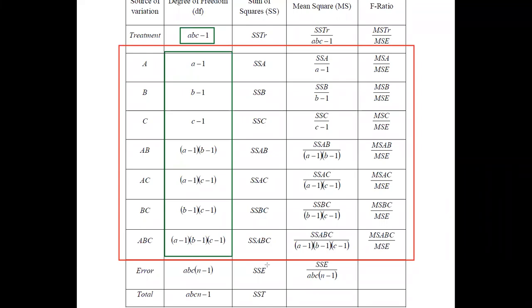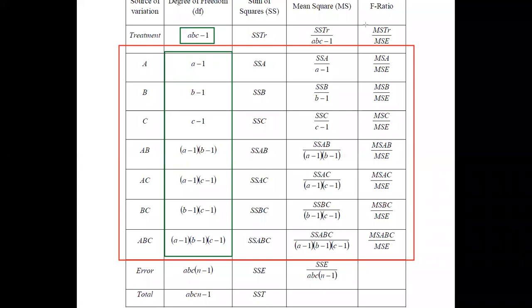The next thing we can obtain is the sum of squares. These are the general notations I have used to denote the sum of squares. And same as previous, the mean squares can be obtained by dividing the sum of squares by the degrees of freedom, and the F ratio can be taken as the ratio of the given mean square to the mean square error.